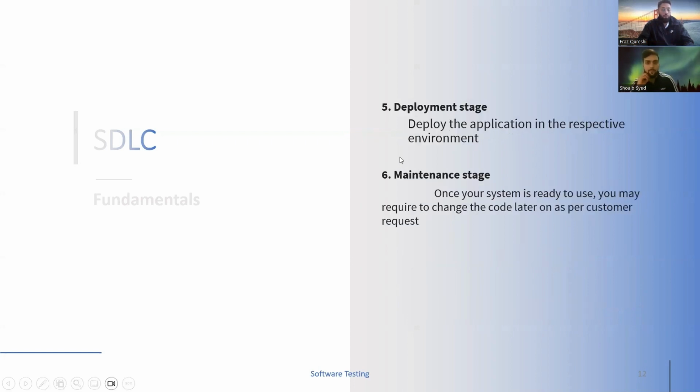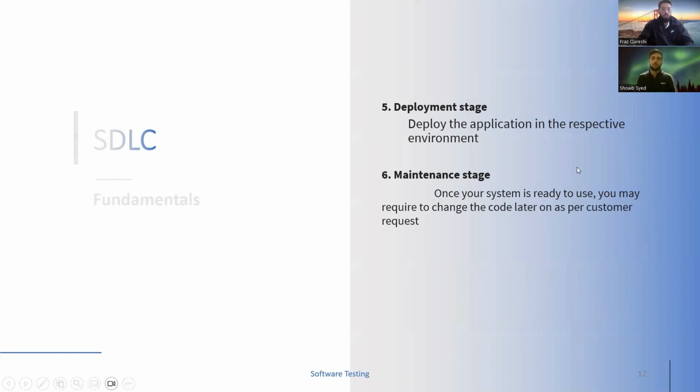Once everything is developed and tested and all good, then you deploy that to the server, where people can access it. For example, www.google.com, google.ca, this is an address to the Google server, right? And you deploy your software similarly to your own server.